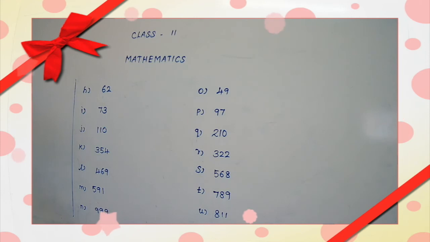V-A-L-U-E, value. O-F, of. T-H-E, the. U-N-D-E-R, under. L-I-N-E-D, lined, underlined. D-I-G-I-T-S, digits. Write the place value and the face value of the underlined digits.